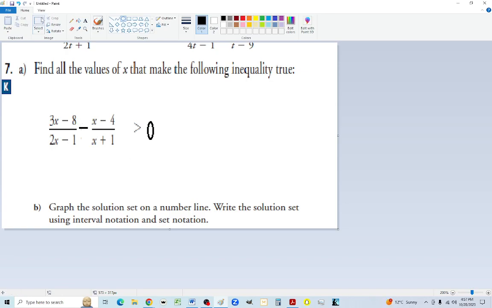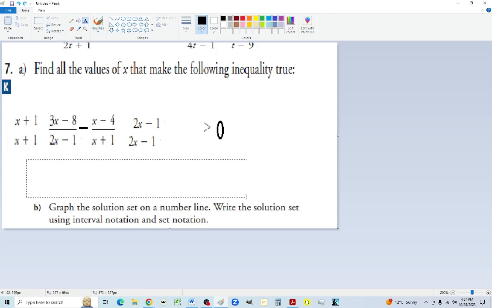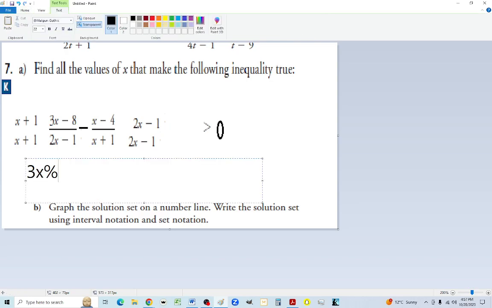To get these on the same denominator, I have to multiply by this one over this, and I have to multiply this one by this over this. That way it'll be over the same denominator. If I multiply these first ones here, I get 3x squared minus 8x plus 3x minus 8. So I'll write that down: 3x squared minus 8x plus 3x minus 8.